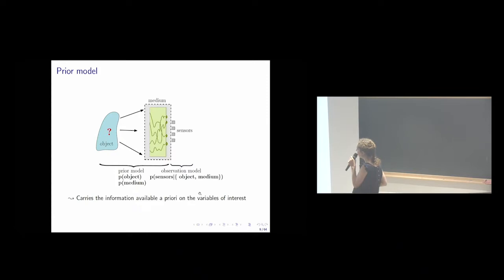The importance of this prior model is that you have all the information available a priori, so the knowledge you have on the variables of interest. For example, if you have some information about the propagating medium, you will put it in this prior model.